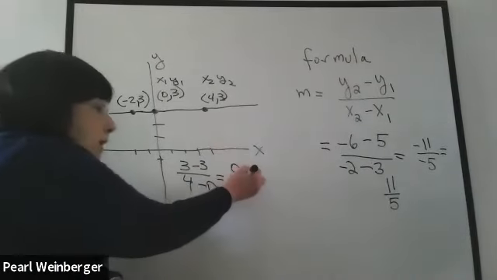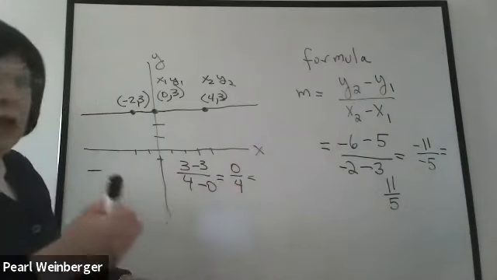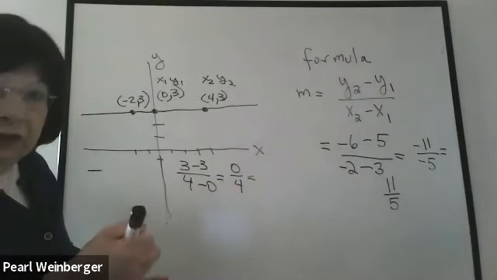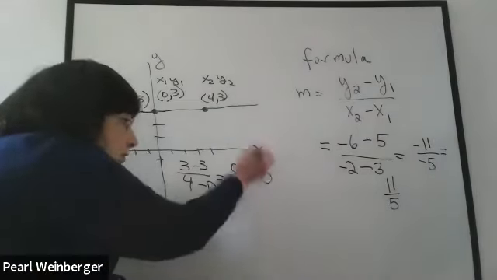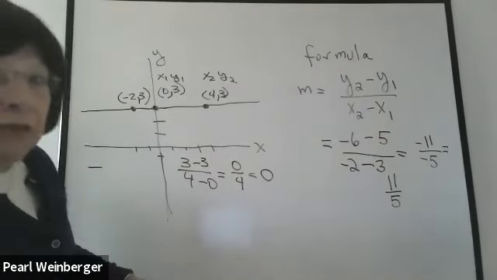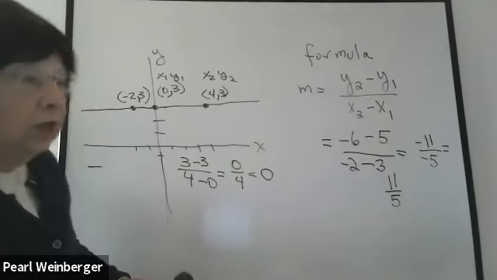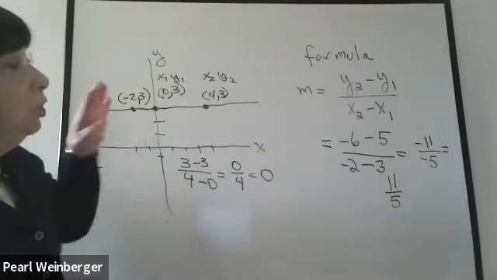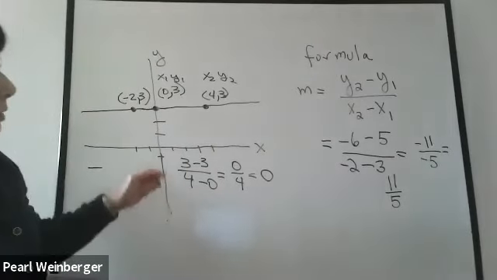Well, if you remember about fractions, anytime the numerator of your fraction is 0, it just means it's 0. It doesn't matter what the denominator is. The numerator is 0 means the whole fraction is equal to 0.